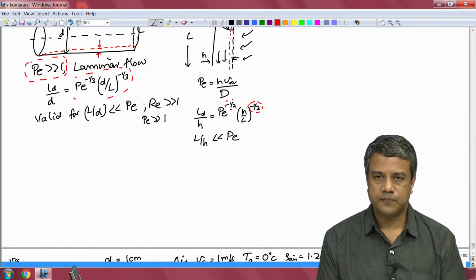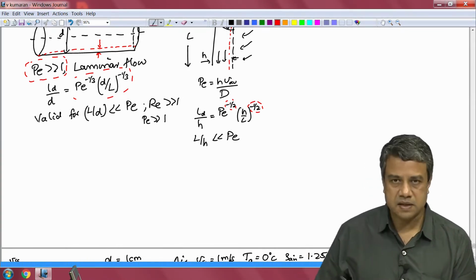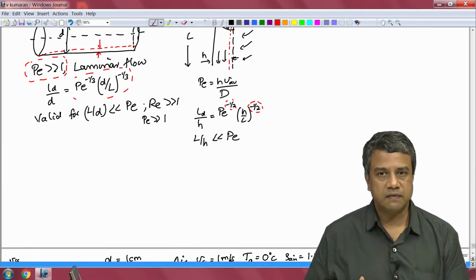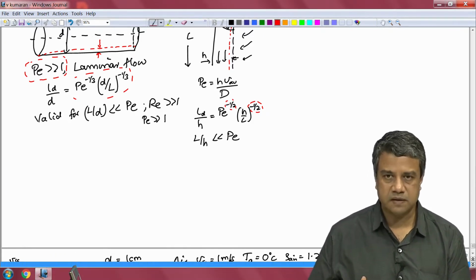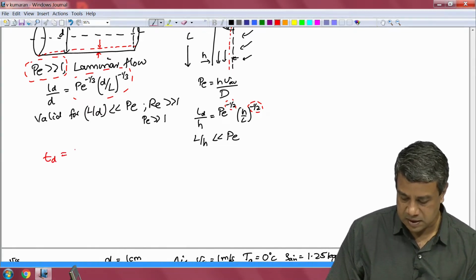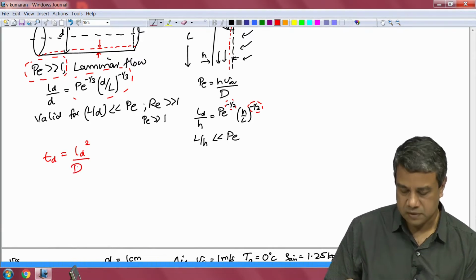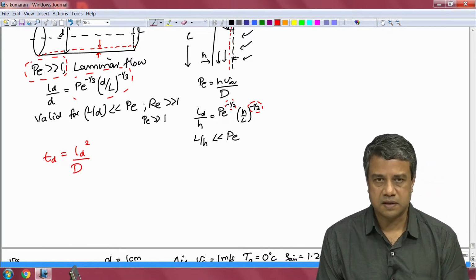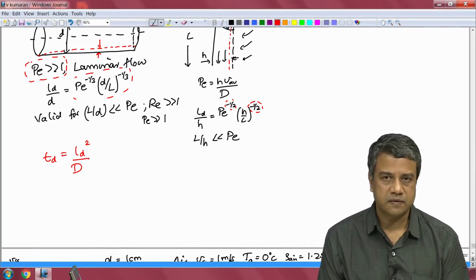And so long as this characteristic distance is much smaller than the thickness, the steady state correlations can be used in order to calculate even time varying properties or spatially varying properties. The diffusion time in all cases will scale as the diffusion length square divided by the diffusion coefficient, D for mass transfer, alpha for energy transfer. So, that is the diffusion time.